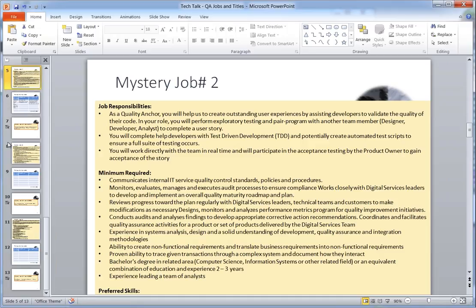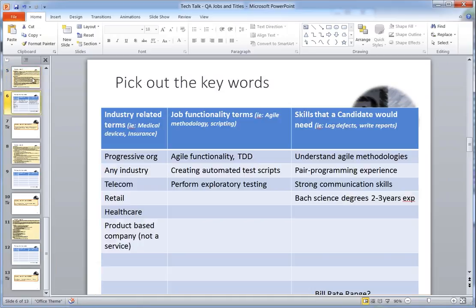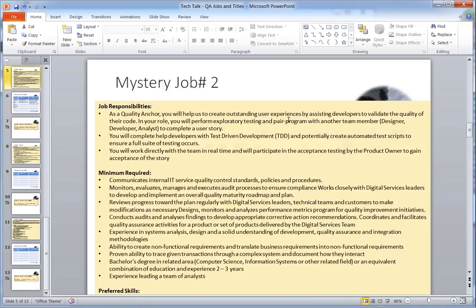Two more. Either a job functionality skill or a candidate skill. Can you scoot down to show the preferred skills? Oh, yes.